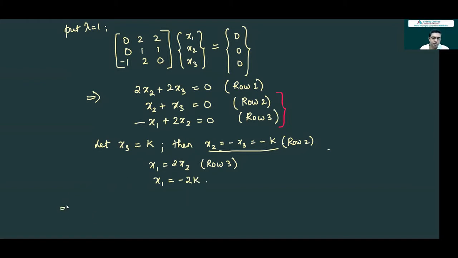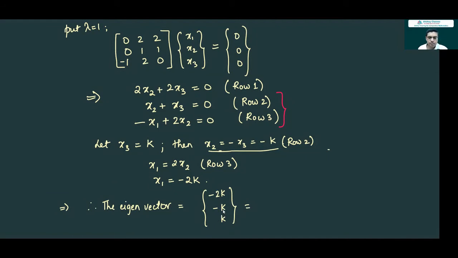So we get a ratio. Therefore the eigenvector is minus 2k, minus k, k.